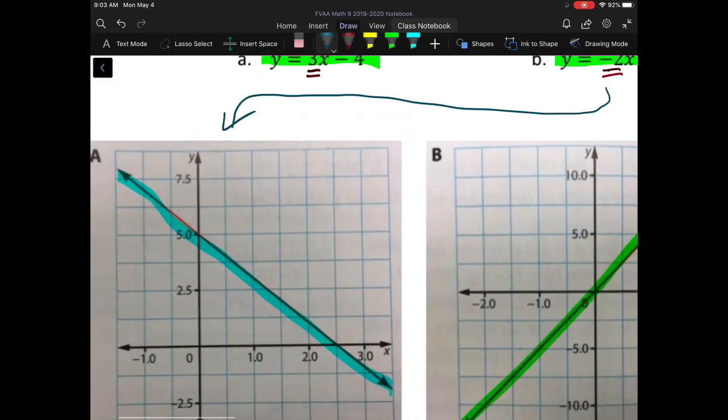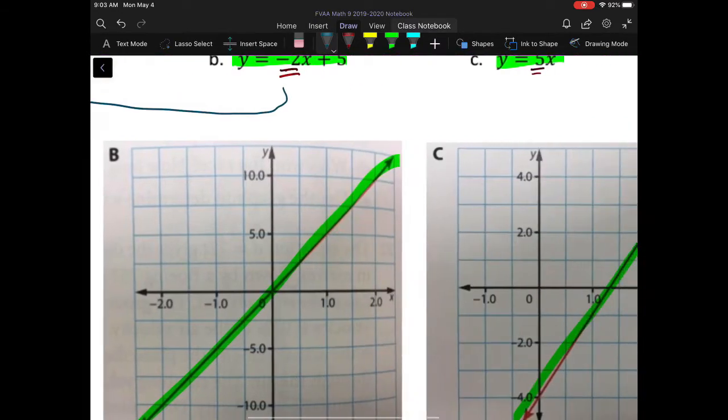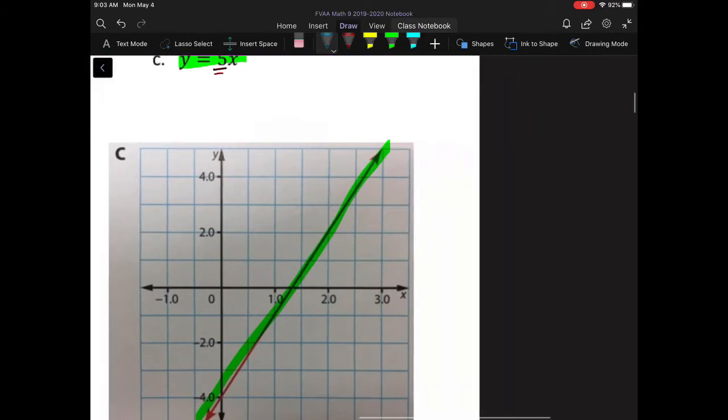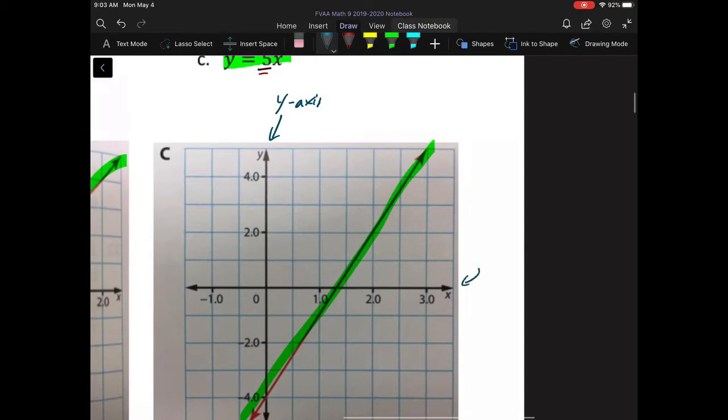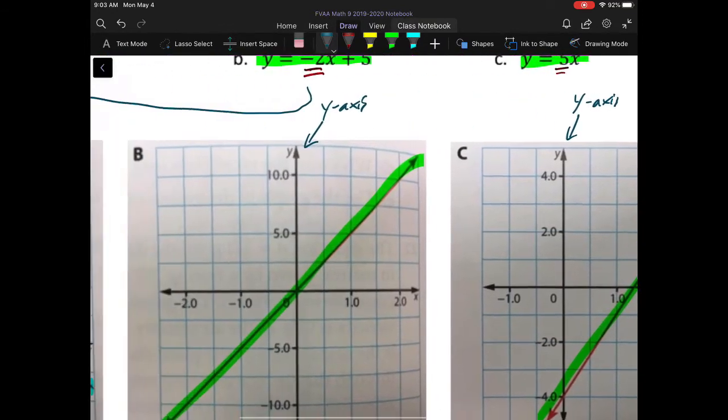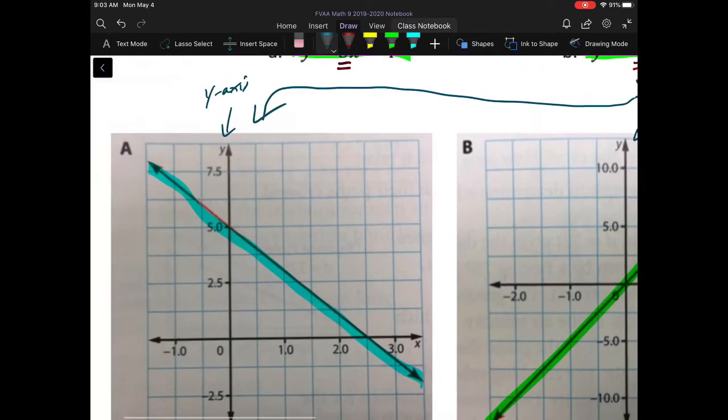So we know already that the y-axis is this vertical axis here. Our x-axis is this one here. The horizontal is the x-axis, the vertical is the y-axis. And when we think about the b value, it's the initial value when x is equal to 0.